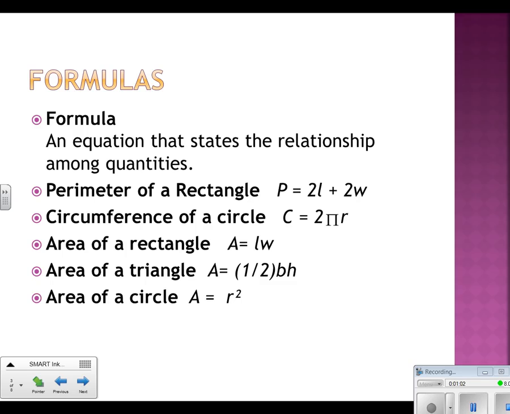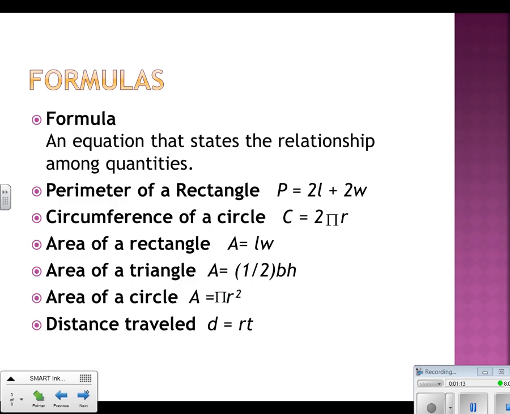Area of a circle, pi r squared, sorry. The distance traveled, distance equals your rate times your time. Temperature: Celsius is 5/9 times Fahrenheit minus 32. So here are just some examples of formulas that we use, and there are relationships among quantities within those formulas.